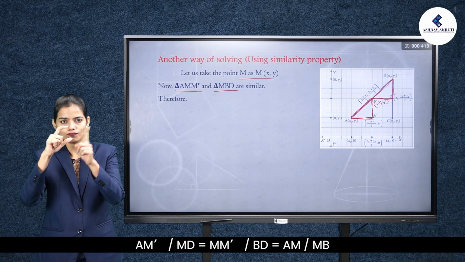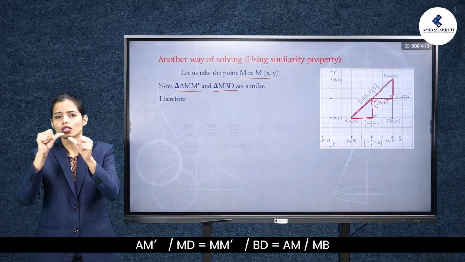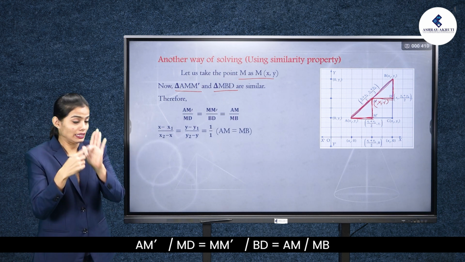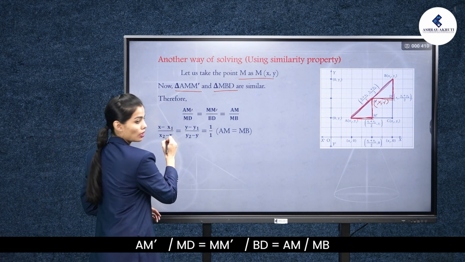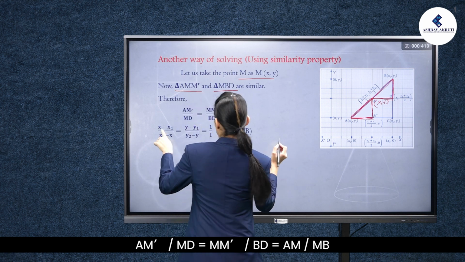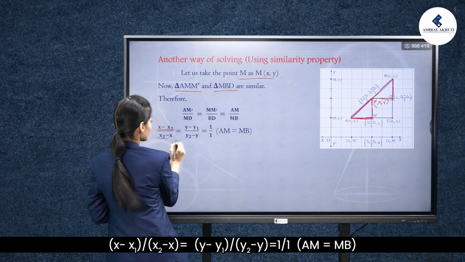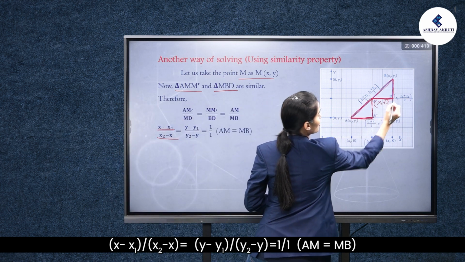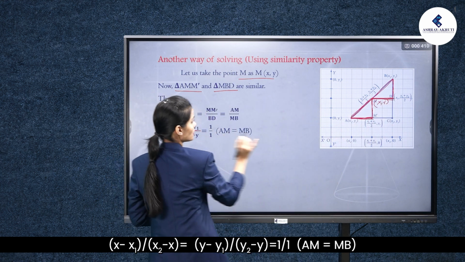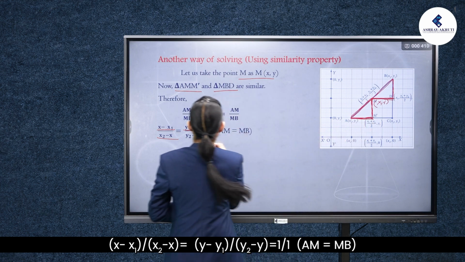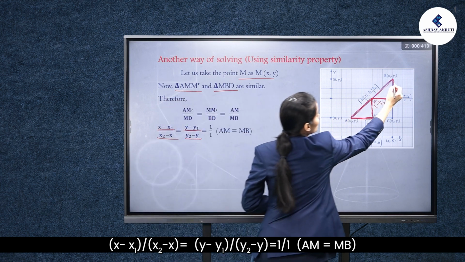Therefore, AM dash by MD is equal to MM dash by BD is equal to AM by MB. That is, (x minus x1) by (x2 minus x) is equal to (y minus y1) by (y2 minus y) is equal to 1 by 1. AM is equal to MB.